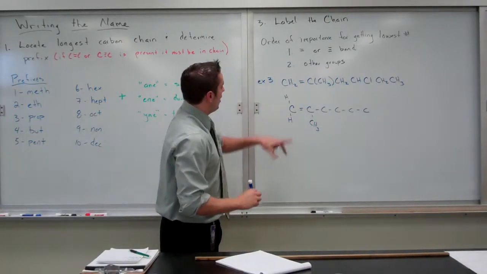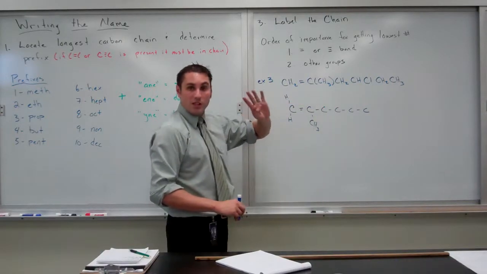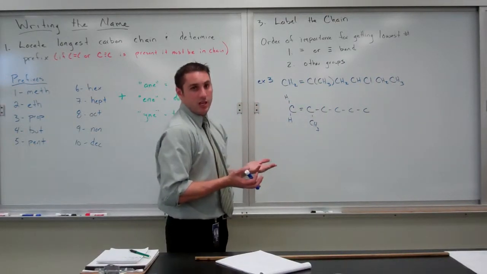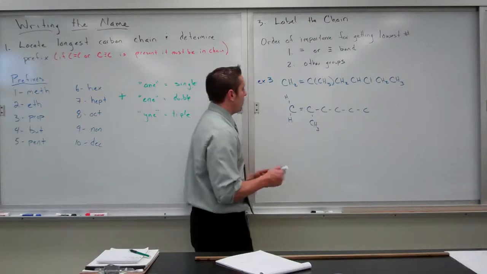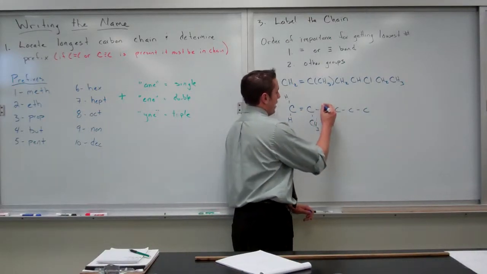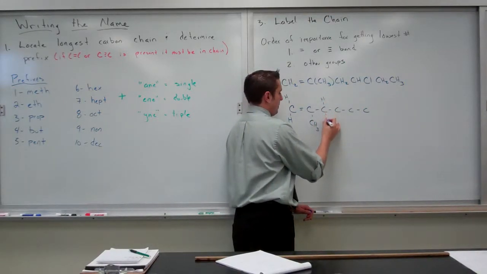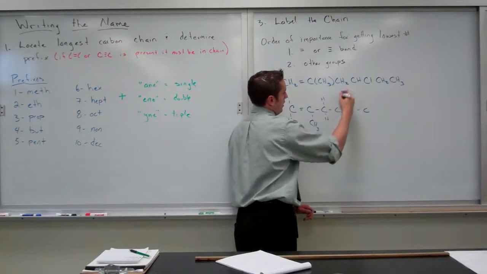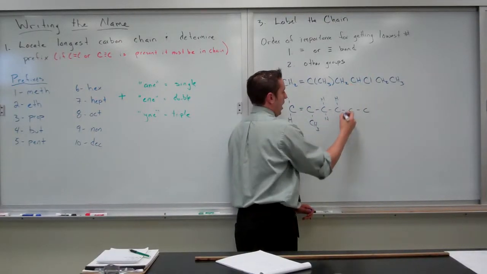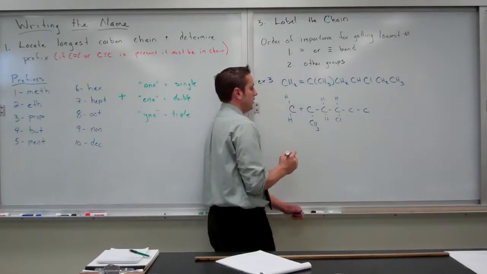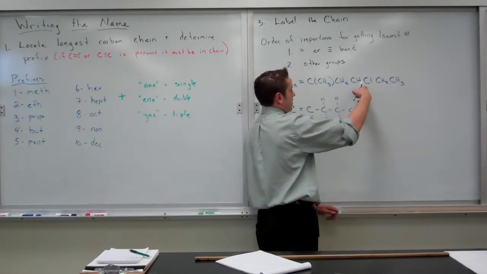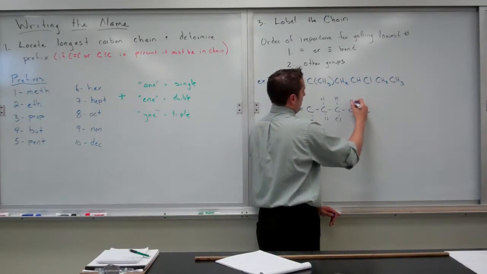And notice, 2, 3, 4 bonds for carbon. That's why there's no H's, because we can only make 4 bonds with carbon. 2 H's off of this carbon. This has 1 H and 1 Cl. This one, H, H, and this one, 3 H's.